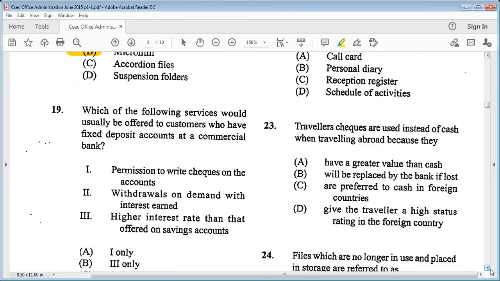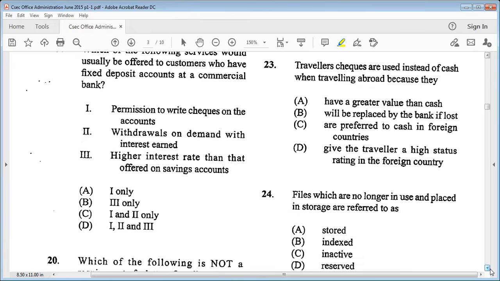Let's go on to question number 19. Which of the following services would usually be offered to customers who have fixed deposit accounts at a commercial bank? 1, permission to write checks on the accounts. 2, withdrawals on demand with interest earned. 3, higher interest rate than that offered on savings accounts.